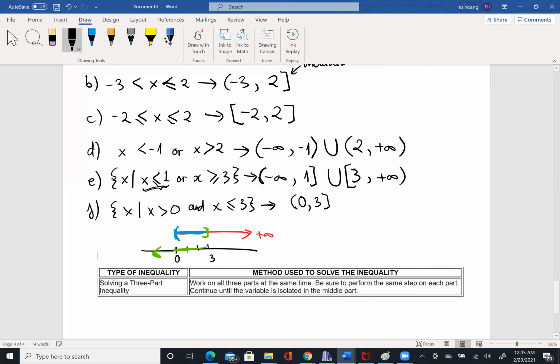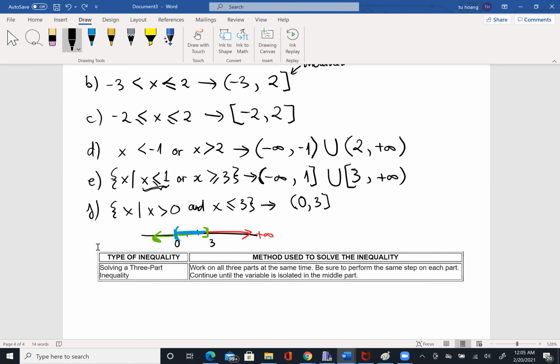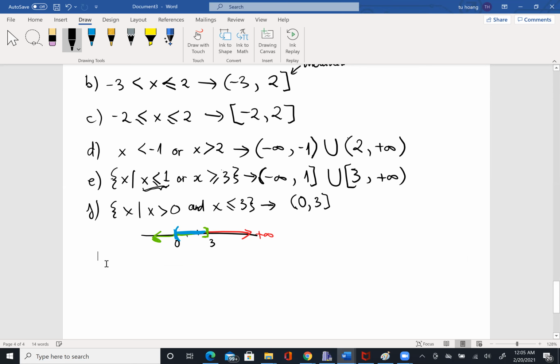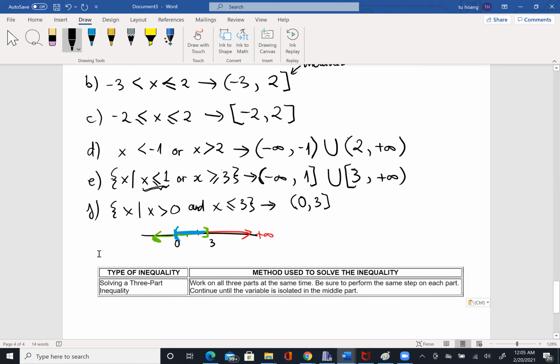Okay, now I would like to introduce solving a three-part inequality.